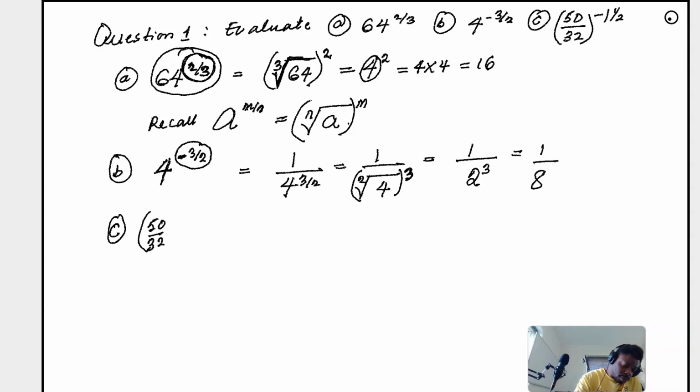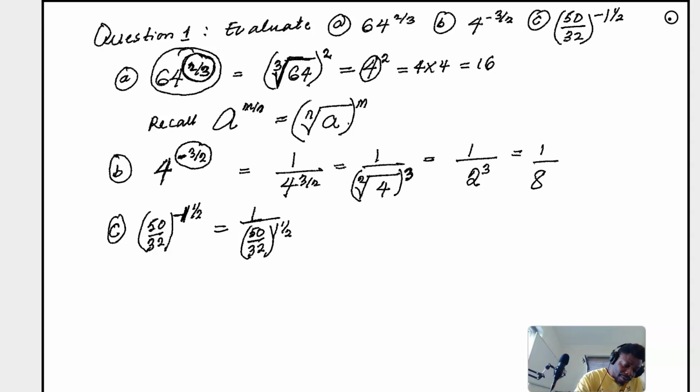Now question C. I have (50/32) raised to power minus 1 whole number 1/2. Remember, negative on the power means 1 over. So I still have 50/32, 1 whole number 1/2.